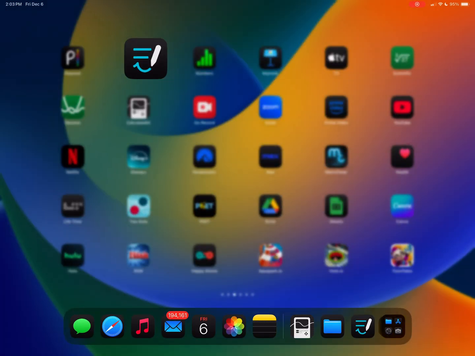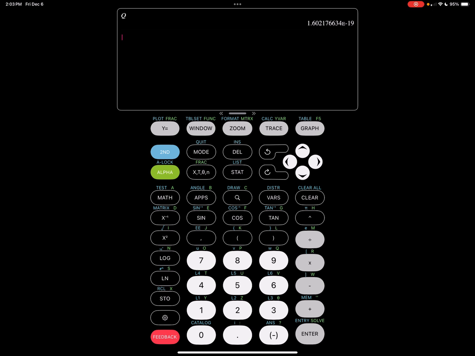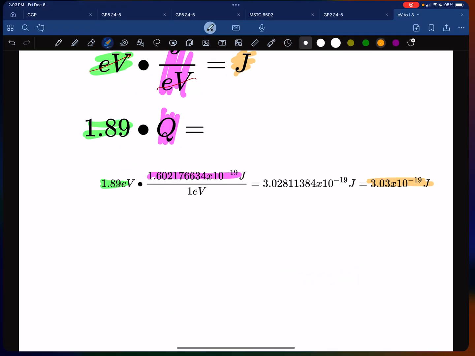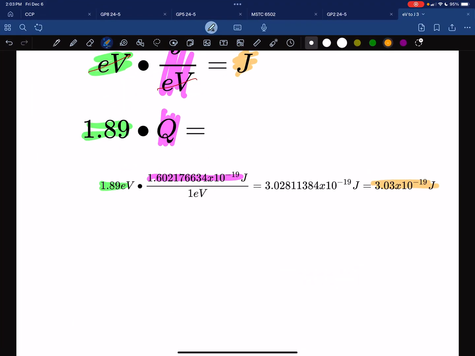So the way we would type that into our calculator is we would hit 1.89 times alpha 9, which is that Q number, and lo and behold, we get 3.028 times 10 to the minus 19th. So that's this number that we have right here.